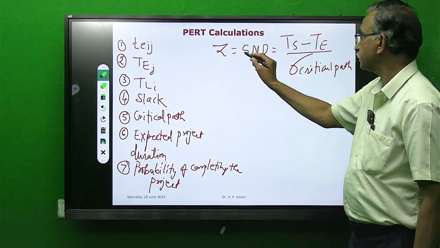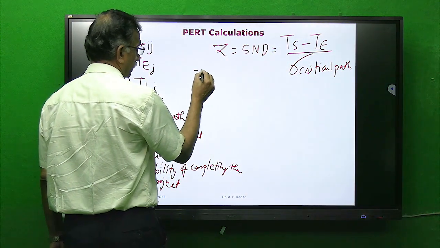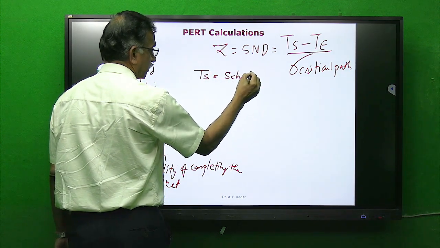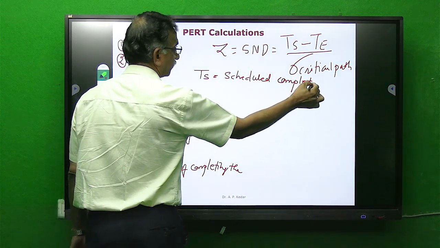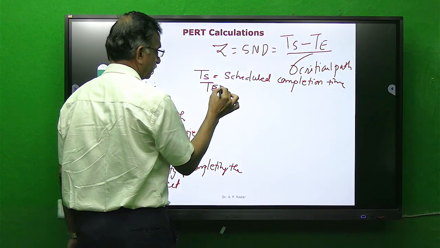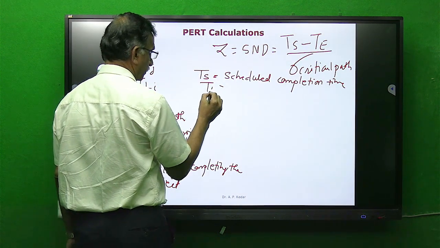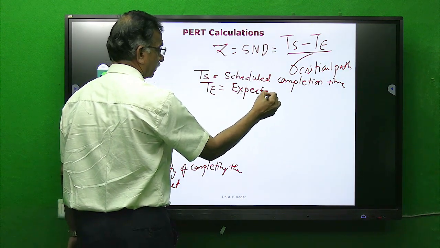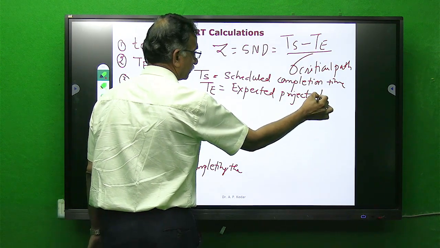Now this Z is standard normal deviate, where this TS, S stands for scheduled completion time. TE is expected project duration.